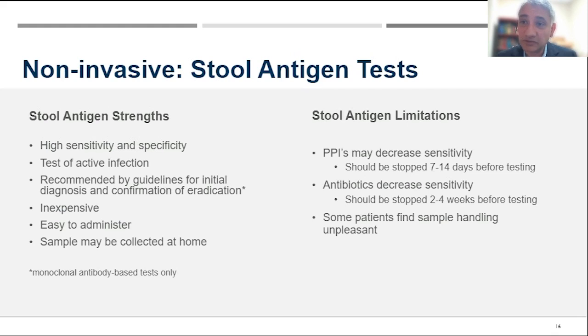As mentioned previously, some patients may find handling the stool specimen to be unpleasant. And it's important to elicit patient preference because a lot of patient adherence has to do with patient tolerance and preference. So given that there's a range of options for testing, it's important to also see which is more acceptable to the patient.